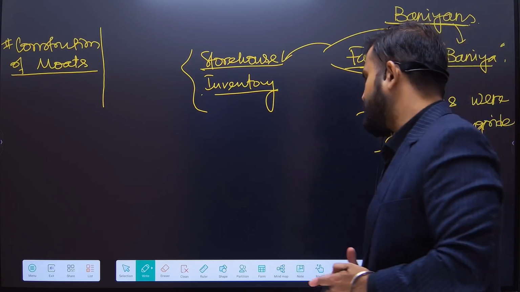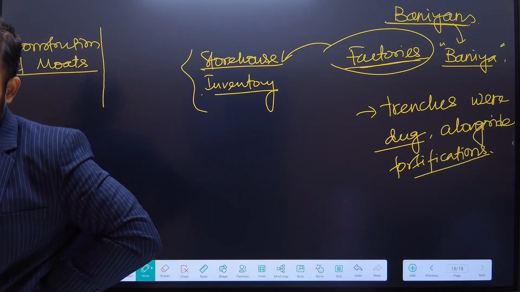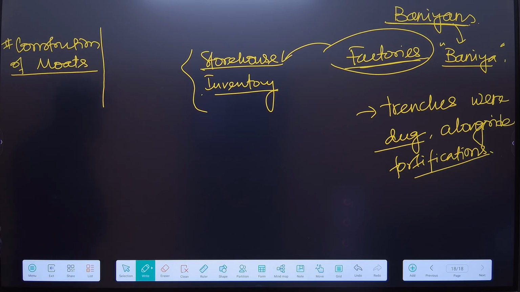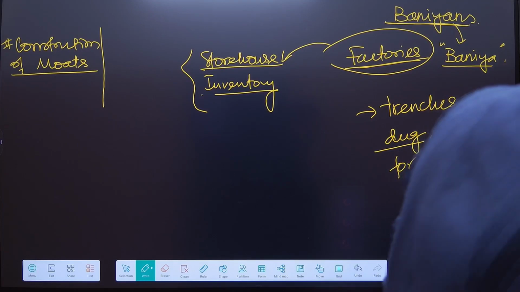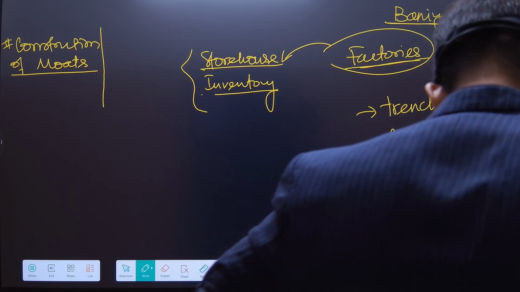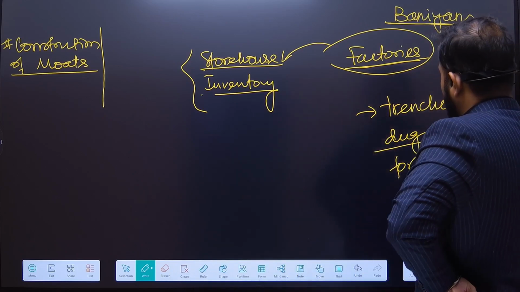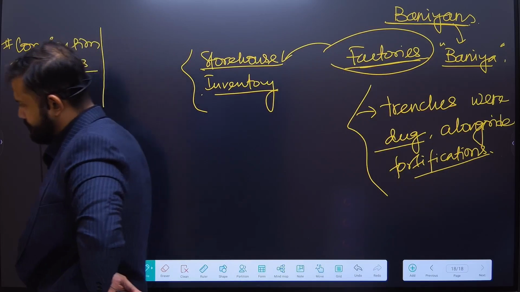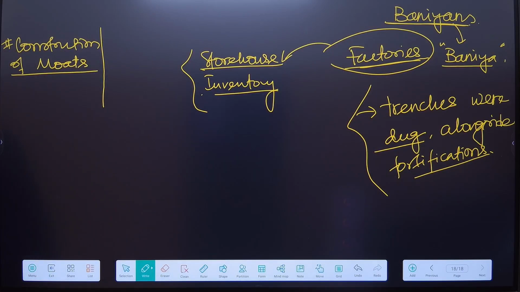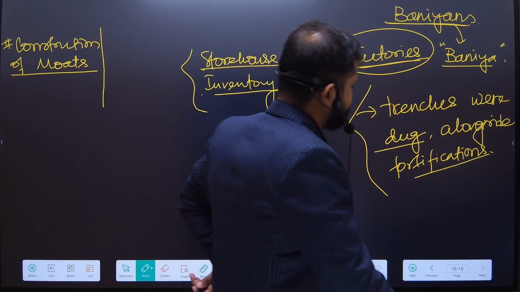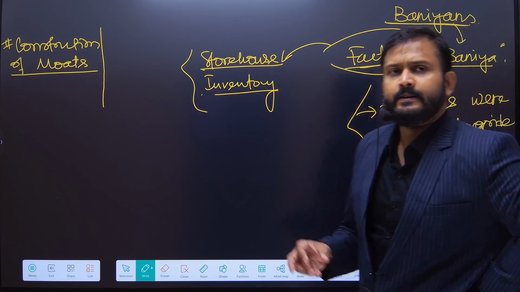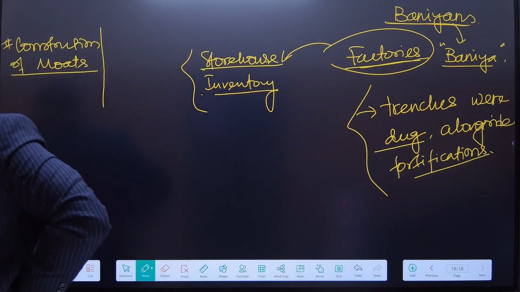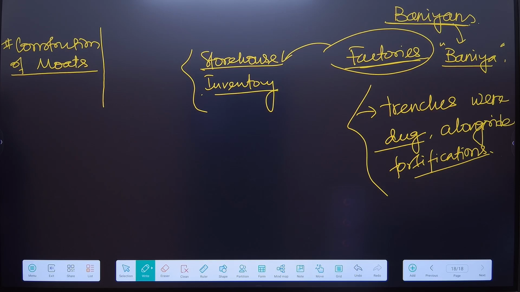You write at this point, these fortifications challenged the sovereignty of the young monarch, challenged the sovereignty of Siraj. Next point, Krishna Ballav incident.